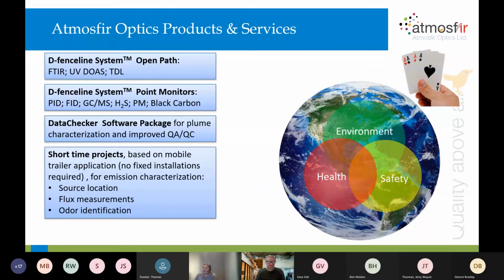What is the D-fenceline system, and what are Atmosfir Optics products and services? The D-fenceline system uses an open path instrument. It can use an FTIR, which we're going to talk about mainly today, but it can also use a UV DOAS or a tunable diode laser.